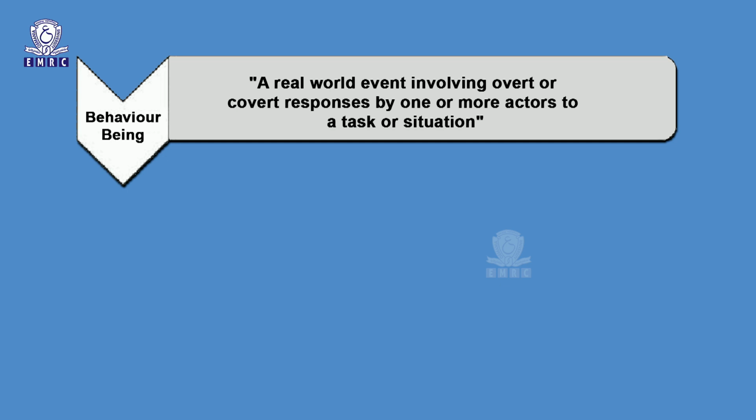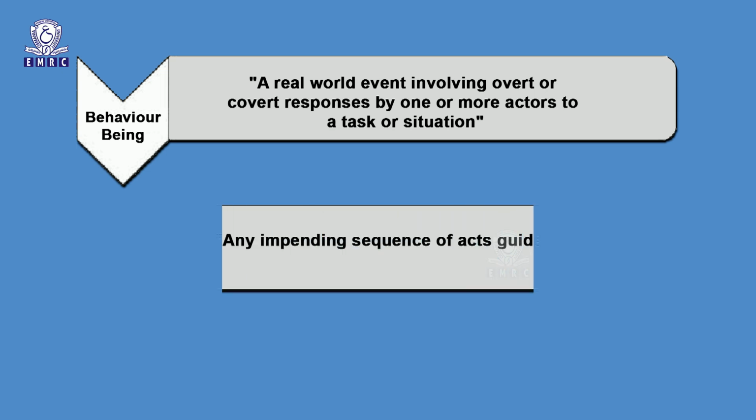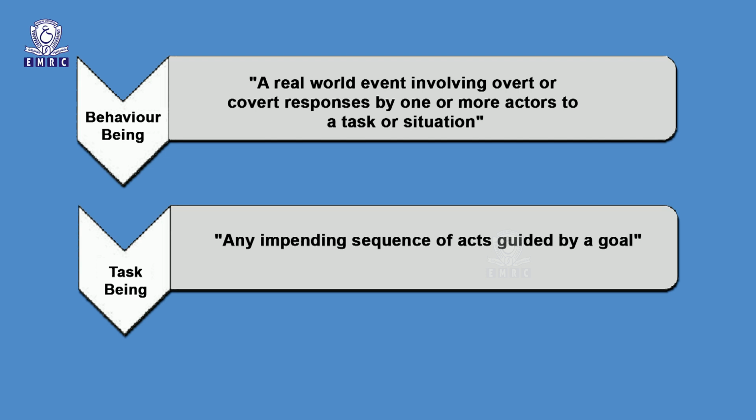In the real world, any observed event of behavior is influenced by a multiplicity of facts and events. The behavior being a real world event involving overt or covert responses by one or more actors to a task or situation, and task being any impending sequence of acts guided by a goal.